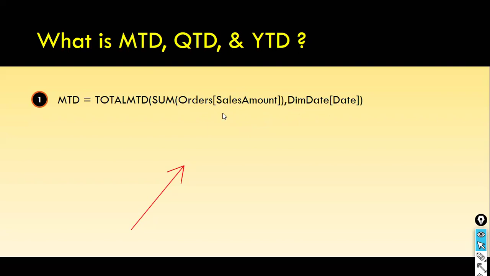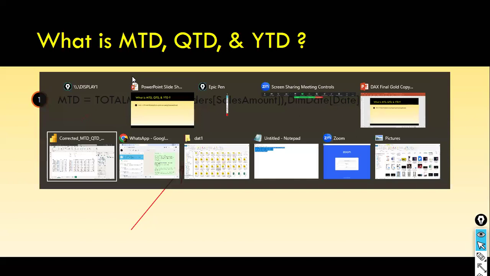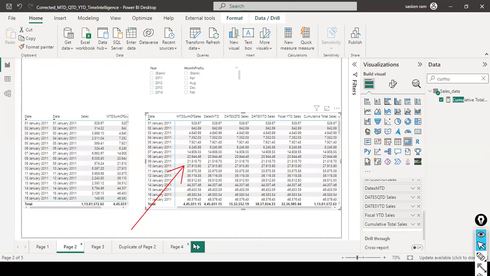First one is your expression: what do you want to compute? Total sales, or if you want the average sales amount, you can use the average function. Second one is your date column from the date dimension table. That's all. Got it? This is what month to date is all about. I will quickly jump into Power BI Desktop and show you how to use month to date.